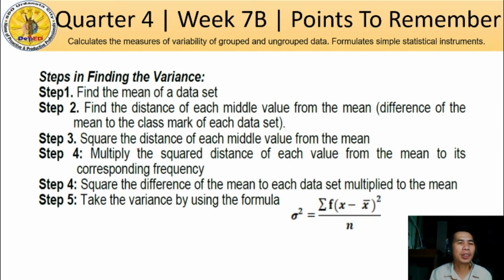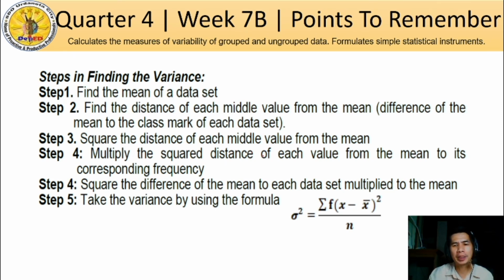Next, ito naman yung steps in finding the variance. Step 1 is to find the mean of the data set. For your step 2, find the distance of each middle value from the mean or the difference of the mean and the class mark of each data set. Number 3, square the distance of each middle value from the mean.